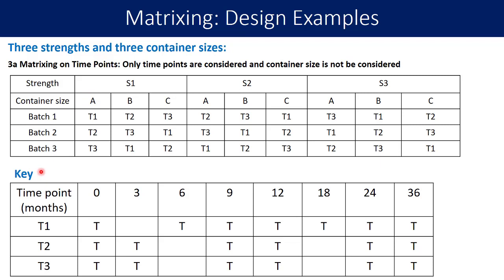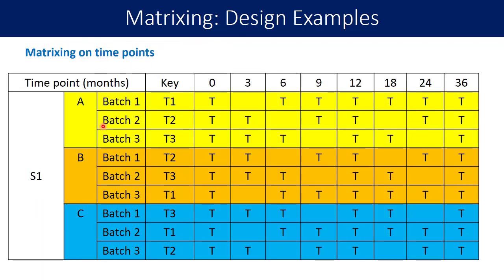Let me explain with the help of the full-fledged table how this looks when I substitute the values of T1, T2, and T3 for all the strengths and different container sizes.